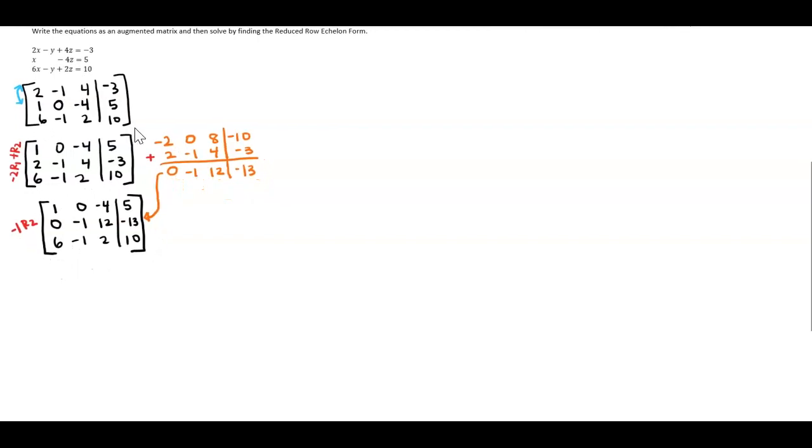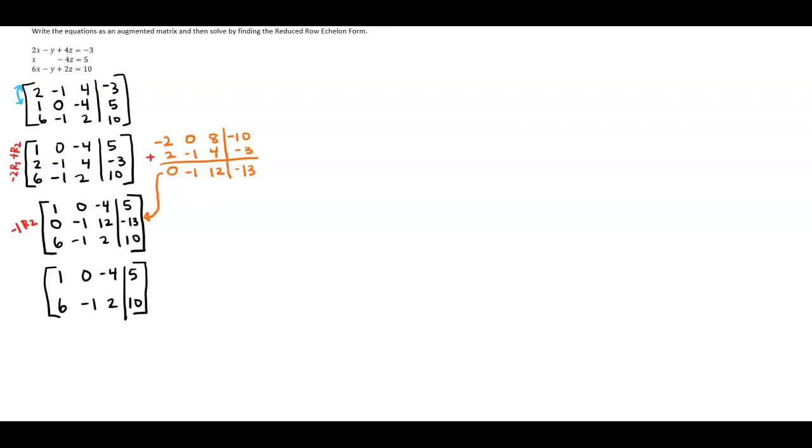So let me write this down here. As you work with matrices more, you might be able to skip some steps or do some more things in your head. So row 1 didn't change, and row 3 didn't change, but row 2 just needs to be multiplied by a negative.